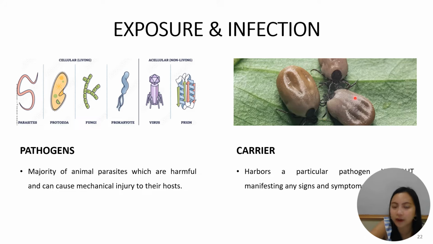But this type of carrier is not infected with it, it just carries it. All right? So you expose your susceptible host to a pathogen, probably through a carrier, and then the establishment of the exposure of the infective agent to the host is what we call infection. So is that clear? Is it not confusing?